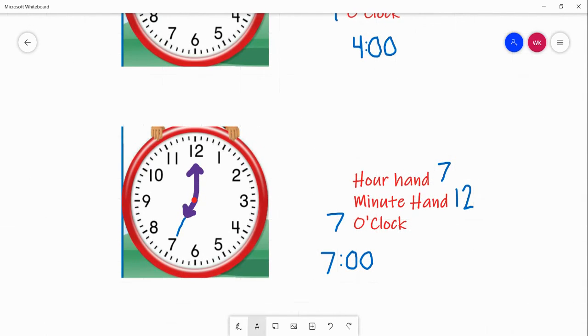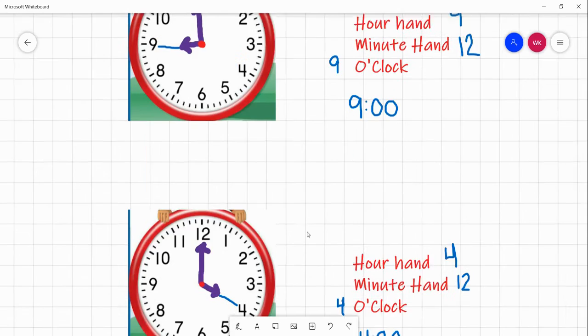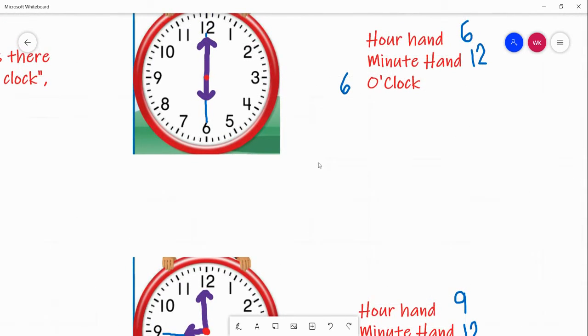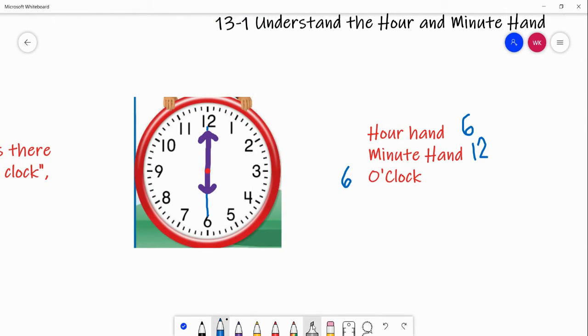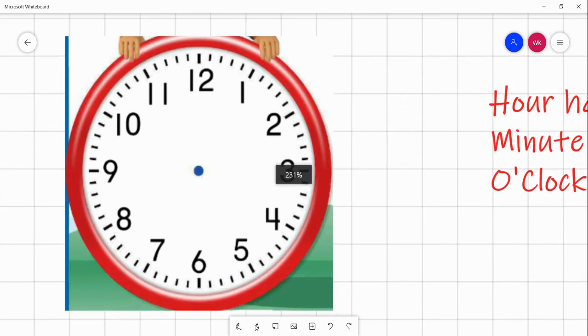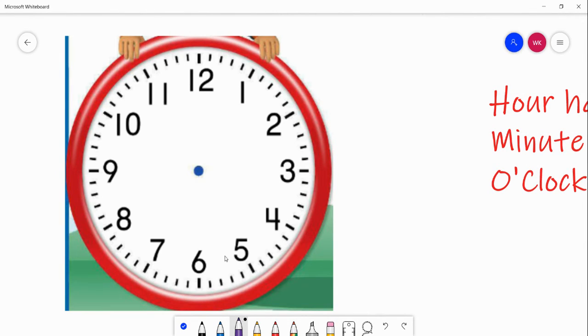And I'm going to do one more for you guys. I'm going to go back up to the top and I'm going to erase this one. We're going to try one more together. All right. So I'm going to put our minute hand, or our big hand, on the 12. That means o'clock, 0 minutes. And then I'm going to put our little hand, or our hour hand. All right.